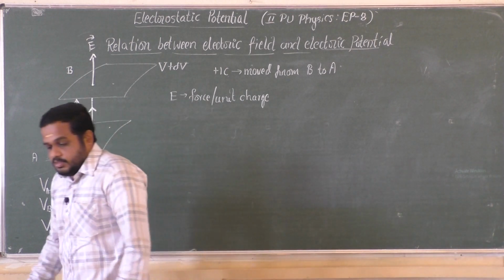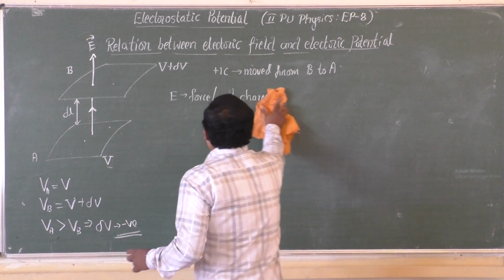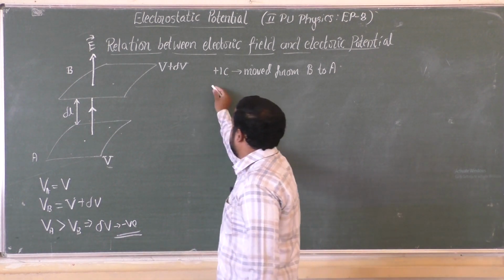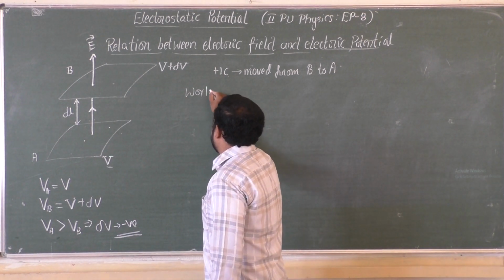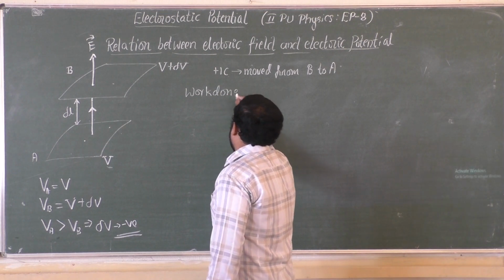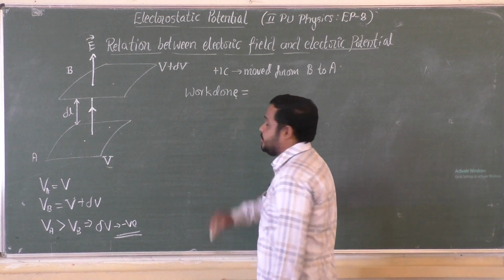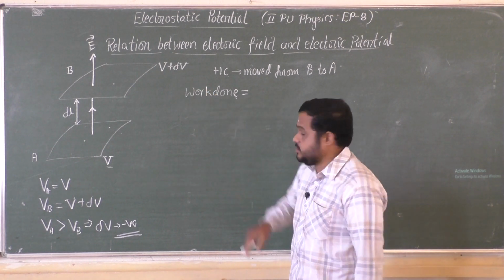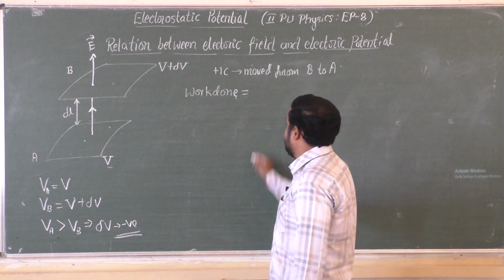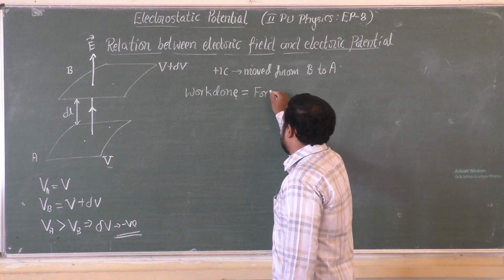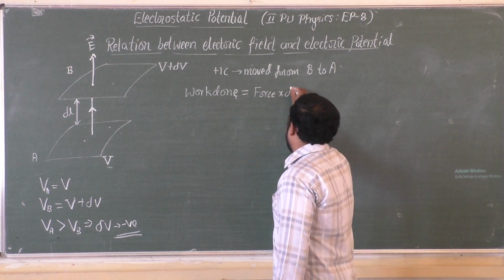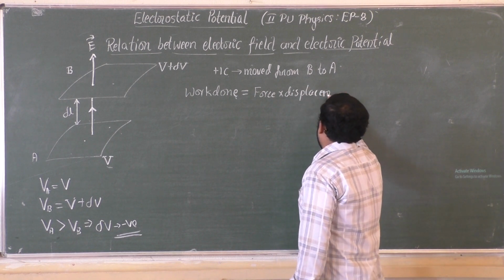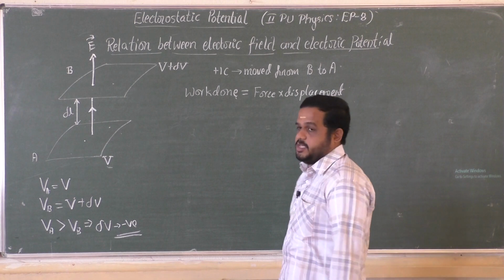Now, if a unit positive charge is moved from B to A against the electric field, what is the work done in shifting it from equipotential surface B to equipotential surface A? We know the general expression: work done is equal to force into displacement.